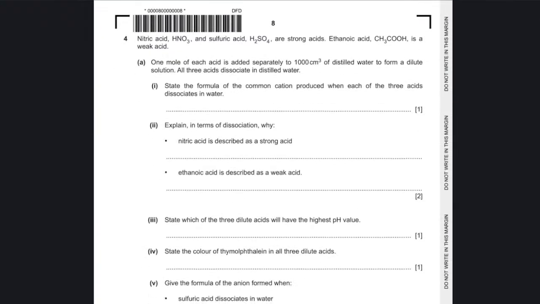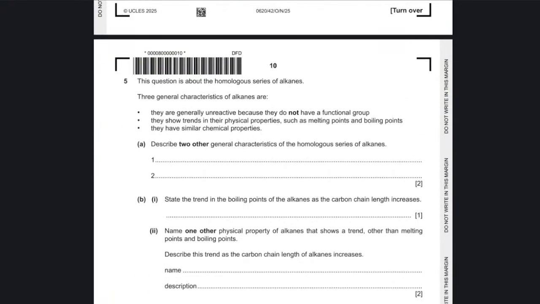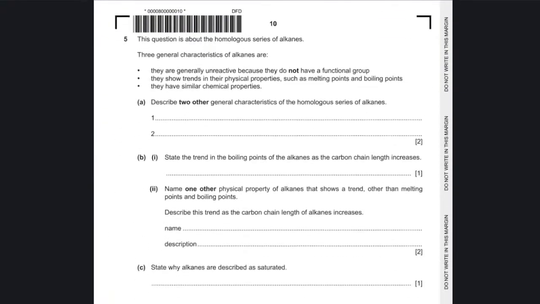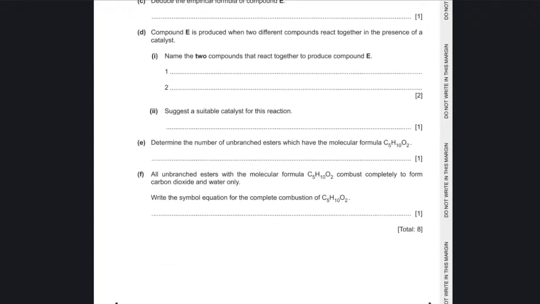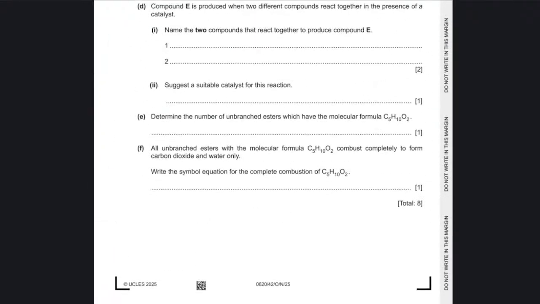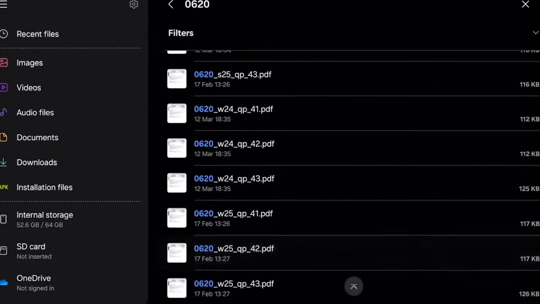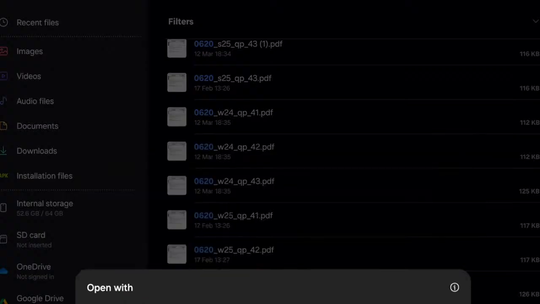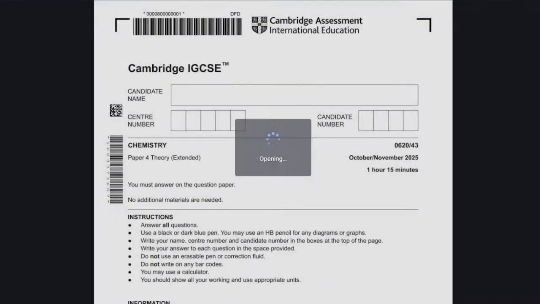This is acids and bases, eh? Let me show you. This is actually organic chem because they're asking about empirical formula and whatever. So that's not a problem. Look at this one. I'm going to open 4 or 5 papers. You're going to see it.